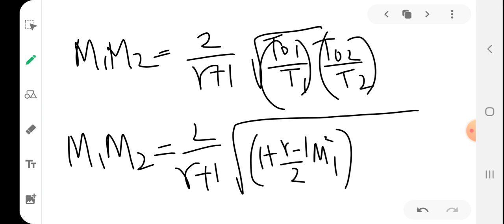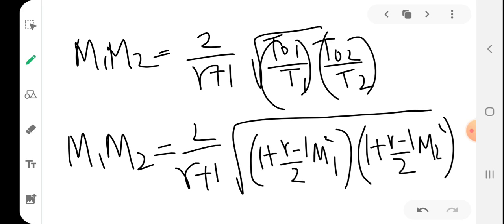That is T01 by T1, and T02 by T2 will be 1 plus gamma minus 1 by 2 M2 square. Okay, so this is the equation.